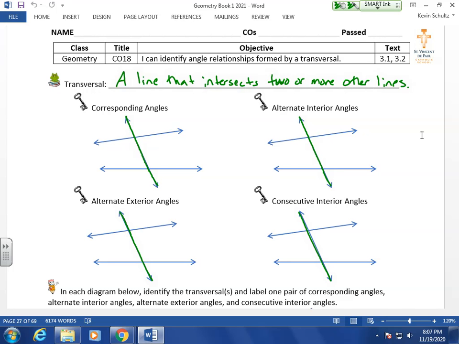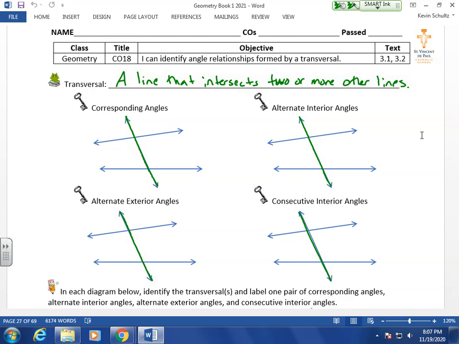And I highly recommend that you get some different colors to use for this particular page, or maybe you want to just identify these different angles using shapes. Because why we care about transversals is they create some really interesting angle relationships, particularly when the two lines they intersect are parallel.